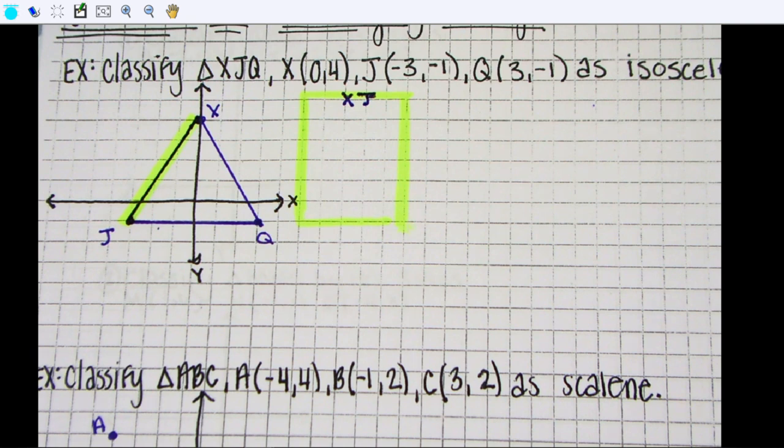So how do I build that right triangle again? How do I build the triangle of XJ? Our goal is to make a right triangle off that shape.